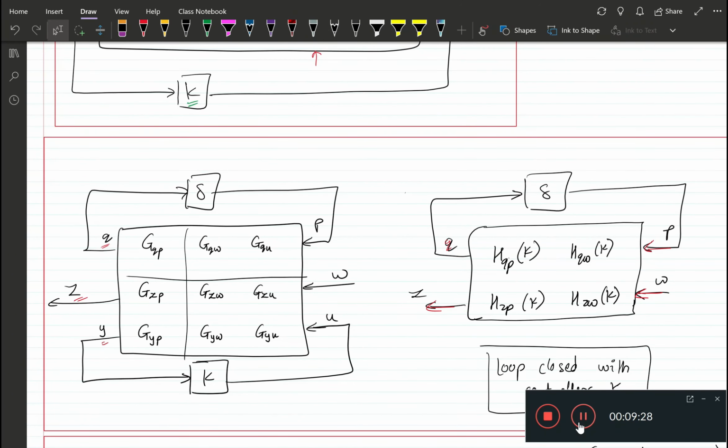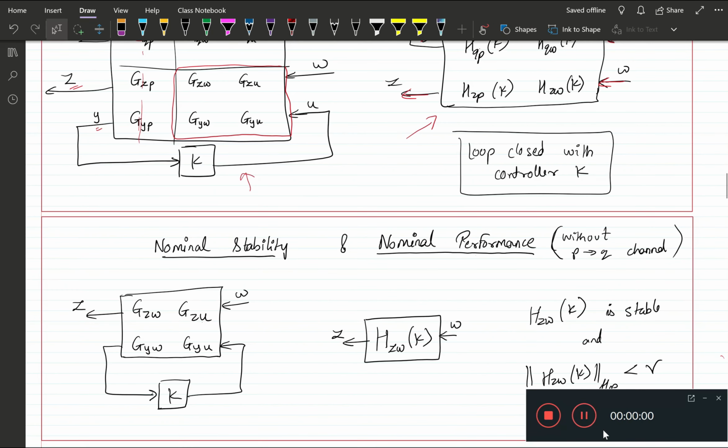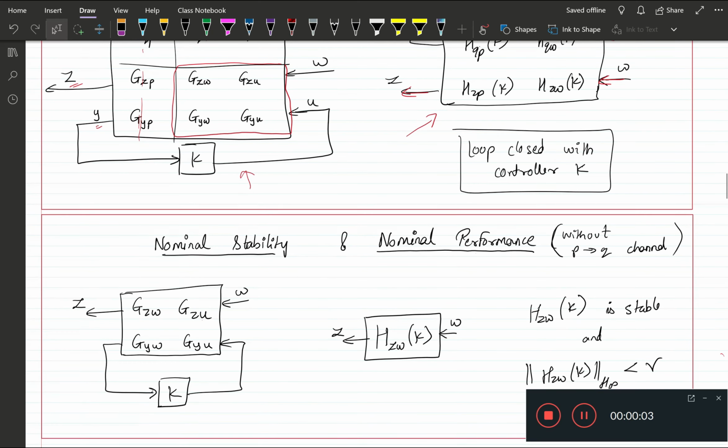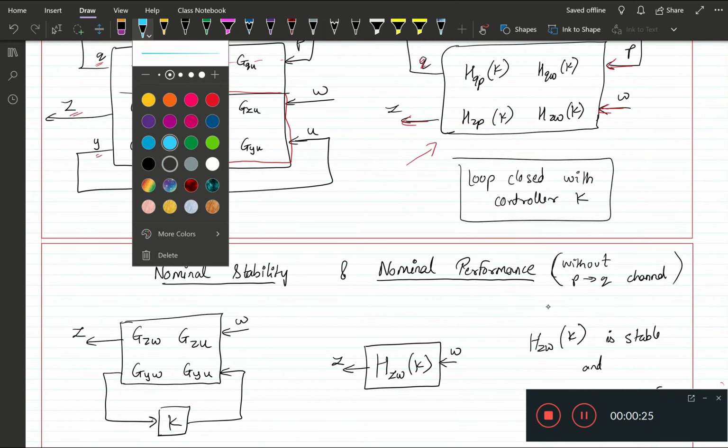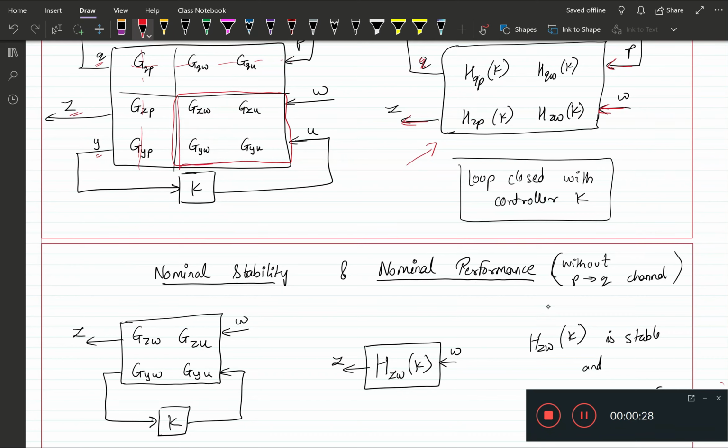Now let's ask the standard questions that we posed in the review section. Let's look at what we mean by nominal stability and nominal performance. For this one we neglect the uncertainty channel delta, and we look only at this block shown in red, which is the block from W to Z and the feedback from Y to U via K. This block would be the system for studying nominal stability and nominal performance.